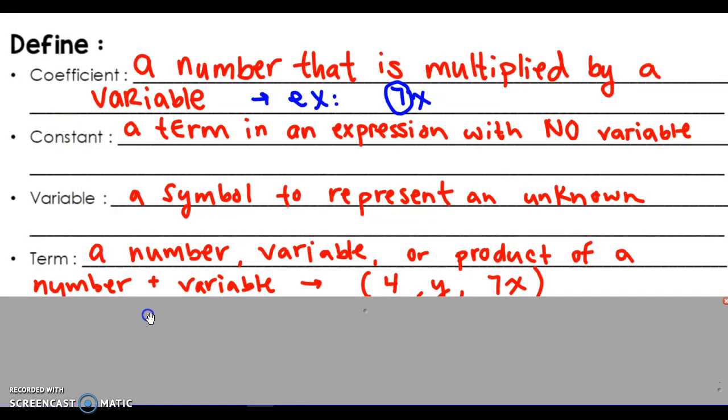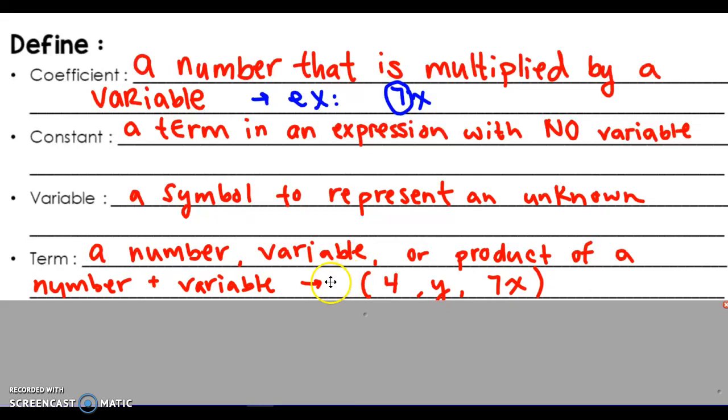You can have a number, like our constant up here, that is a type of term. You could have a variable that's standing by itself, that is a type of term. Or you could have a product, which is again just a way to tell us that we're multiplying a number and a variable, which is kind of that combination piece of the coefficient we saw earlier.